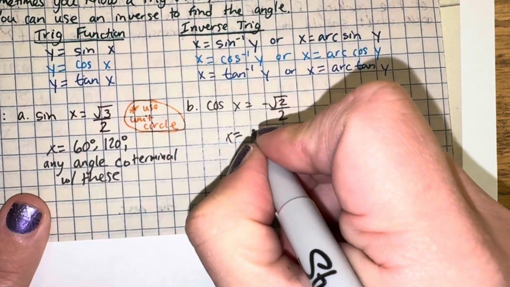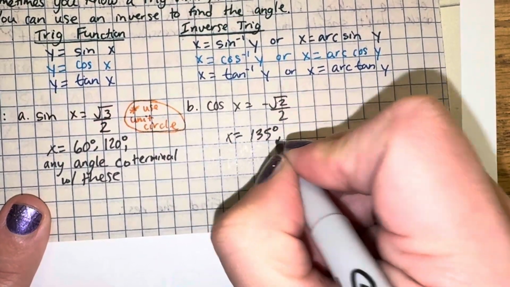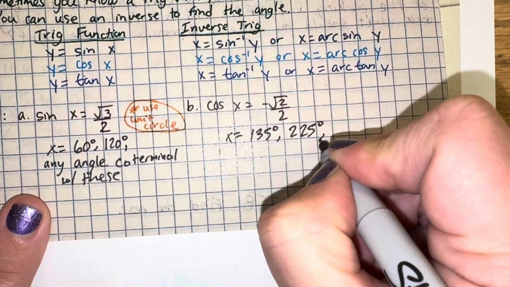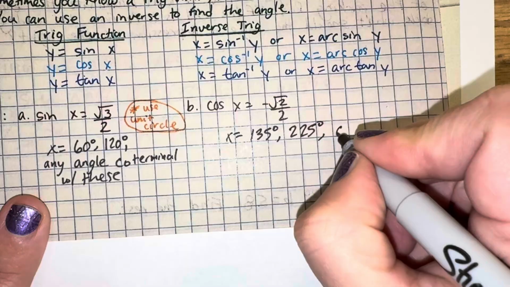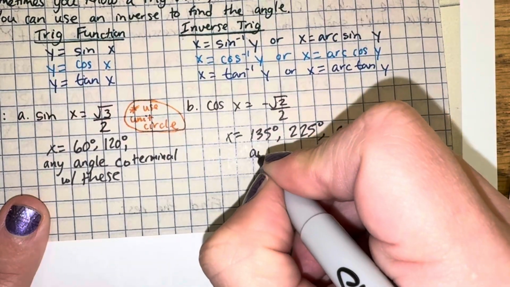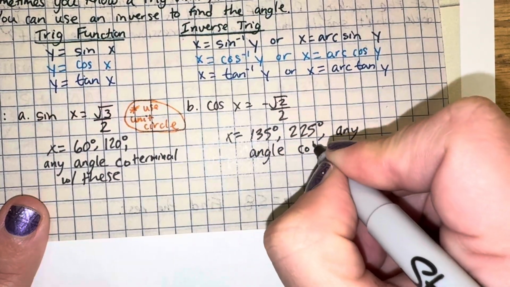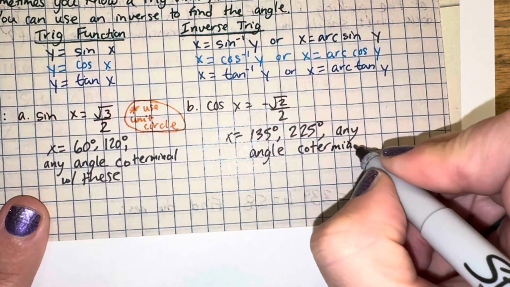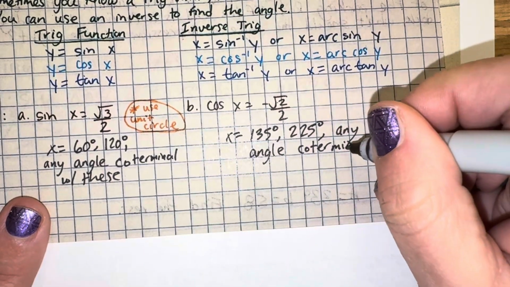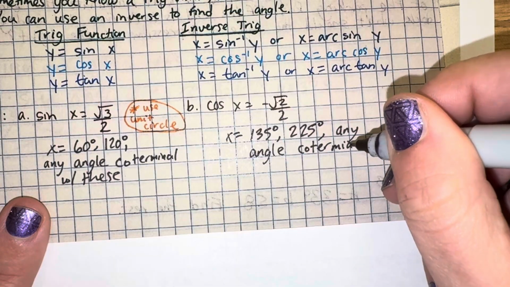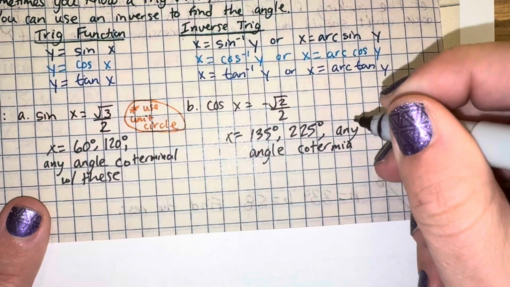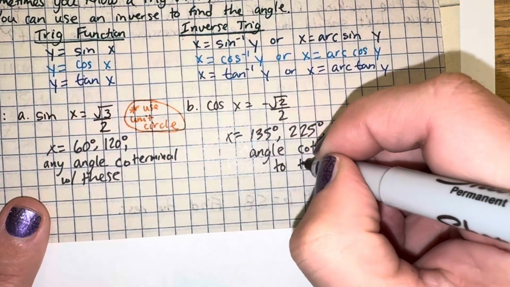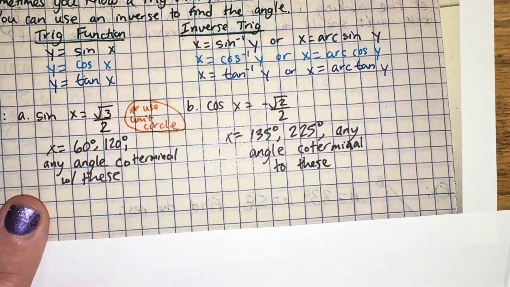So x is going to equal 135 degrees, or 225 degrees, or any angle coterminal to these. Okay.